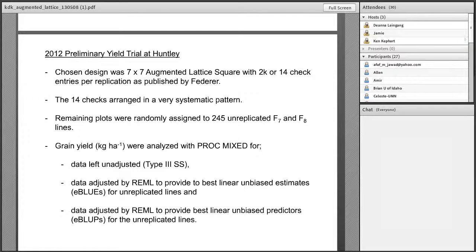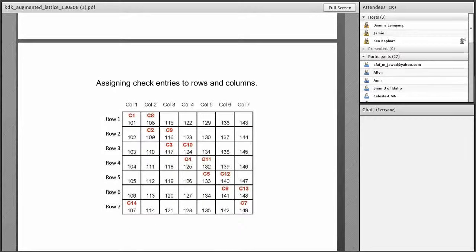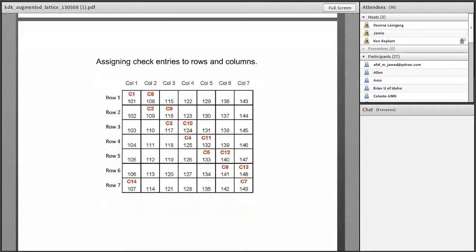And as you can see, with 2K checks in a 16 by 6, you're only occupying 13% of the plots with check lines, and that would be comparable to some of the designs that are basically sold as needing fewer check varieties compared to, say, for instance, this augmented lattice.